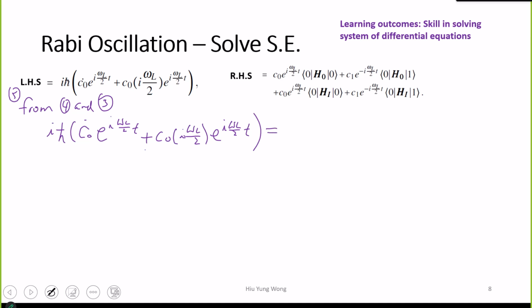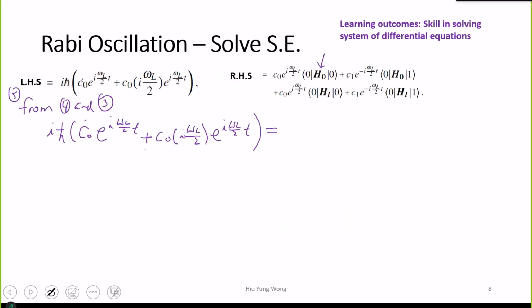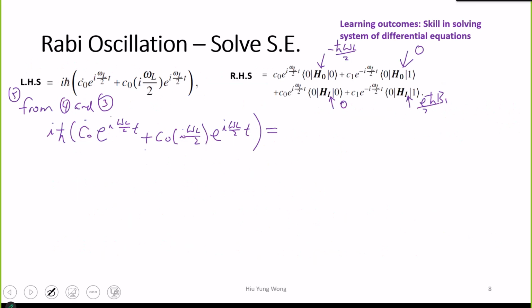On the right-hand side, we already know what? This one is going to be negative ħω_L divided by 2, right? Negative ħω_L divided by 2. This one is what? 0 because no coupling. I also know this one is 0 and this one is eħ B1 divided by 2m times cosine ω1t, right?